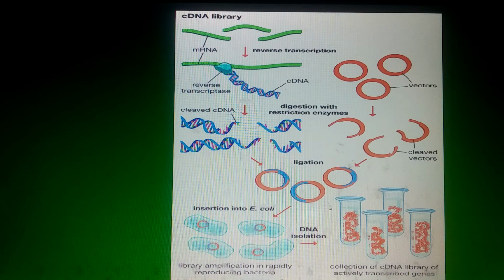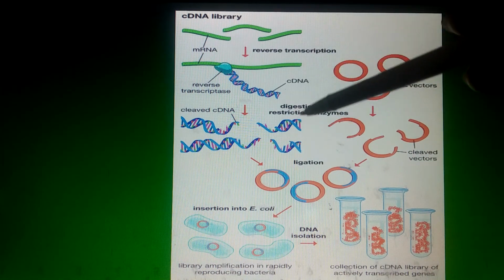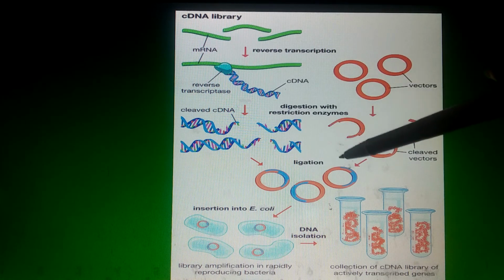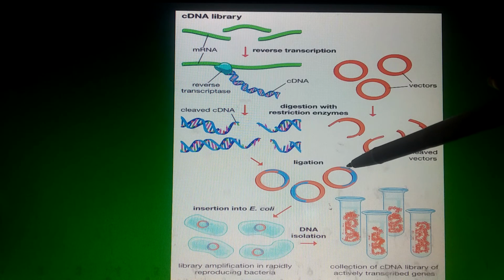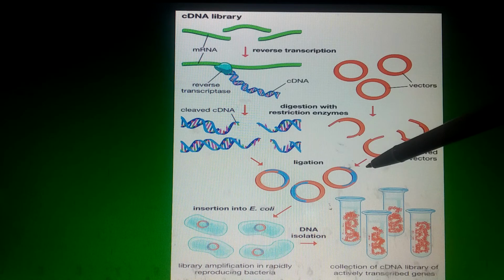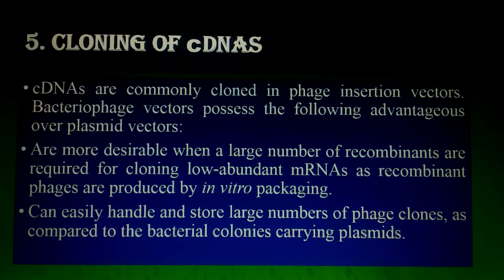So you can see here how this cDNA is cut and then linkers are added, and after the addition of the linkers it is inserted into that vector, and this vector and the DNA are joined with the help of ligase enzymes, and then inserted into the bacteria for cloning.